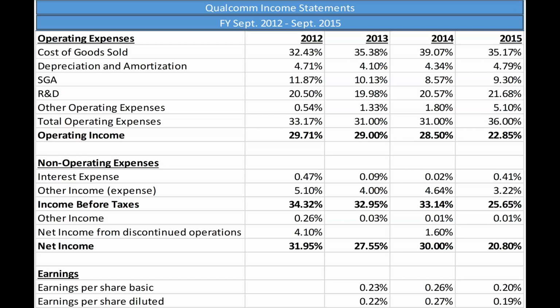You see a common size analysis for Qualcomm's income statements here on the screen before you, but you can also do it for the balance sheet and the cash flow statement.